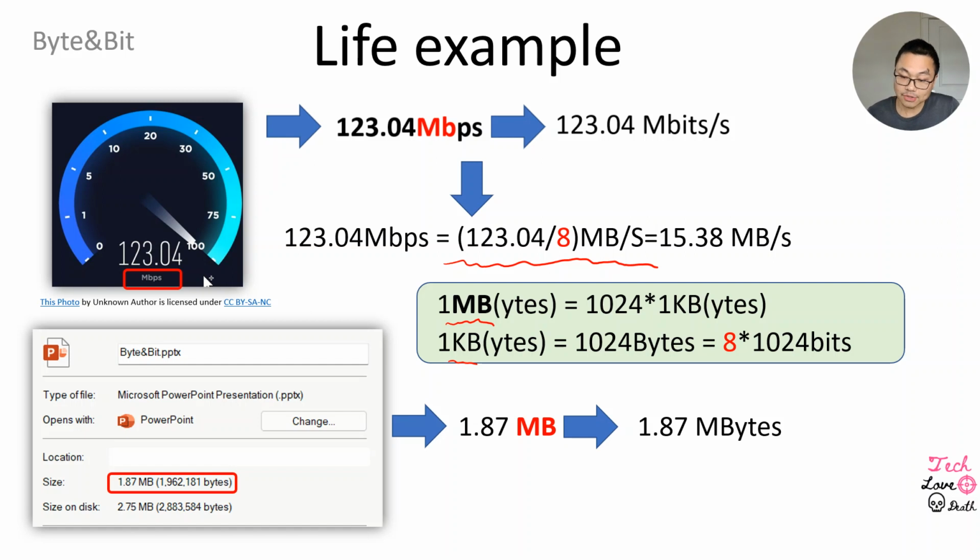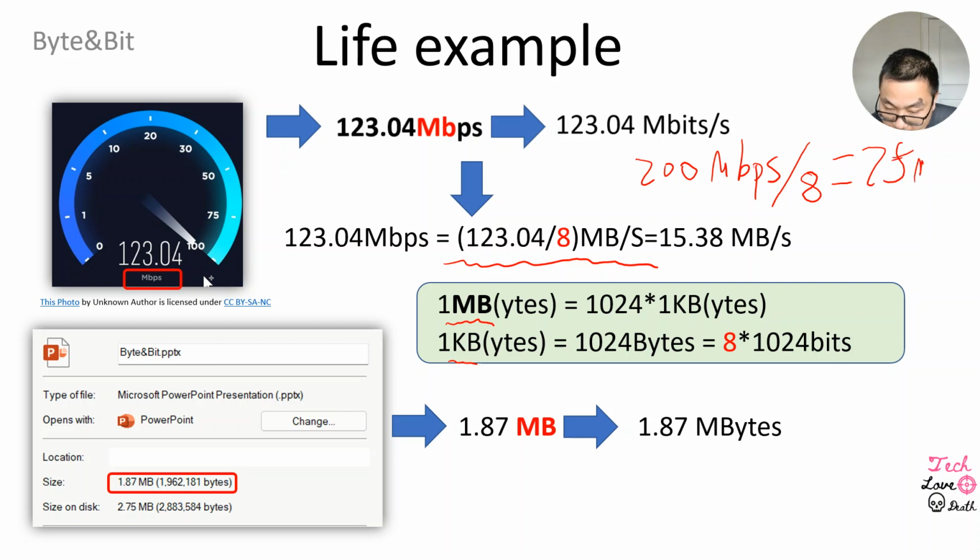If a telecom operator says your current fiber bandwidth is 200 Mbps, oh, it is so fast. Actually, then we can calculate that the actual download speed is 200 divided by 8, which is 25 megabytes per second.